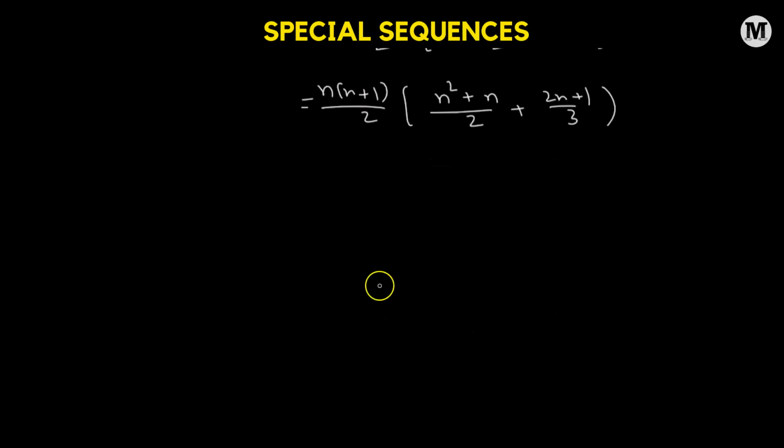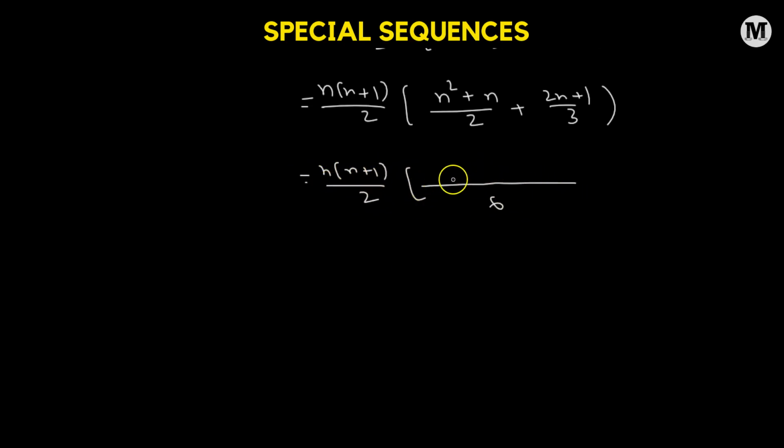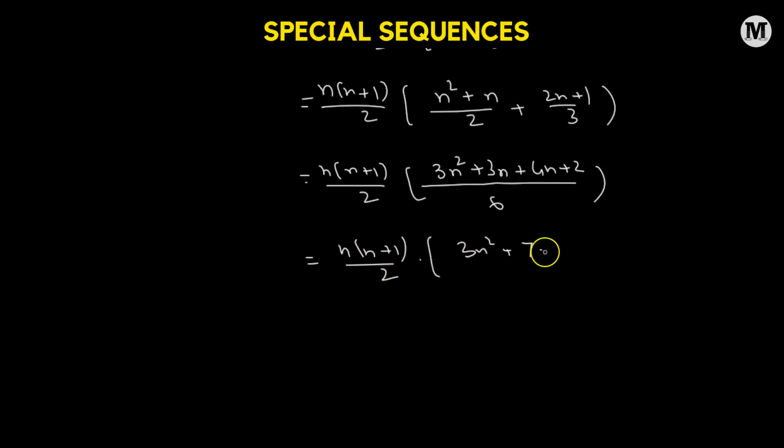We're going to combine the two terms within the parentheses. So we have a common denominator of 6. In the numerator, we have 3n squared plus 3n added to 4n plus 2, which now gives us n times (n plus 1) over 2 multiplied by (3n squared plus 7n plus 2) whole divided by 6.